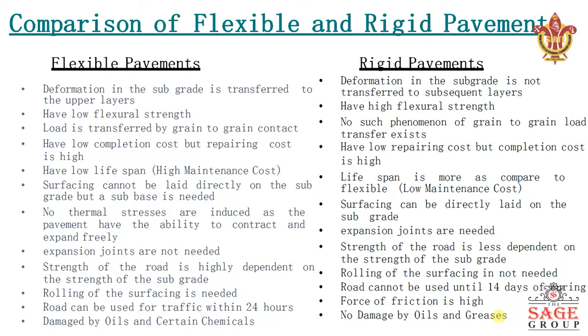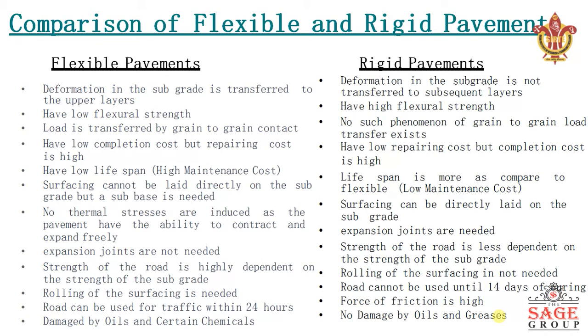Flexible pavement has a high maintenance cost and low lifespan, while rigid pavement has a longer lifespan as compared to flexible, and the maintenance cost is also low.